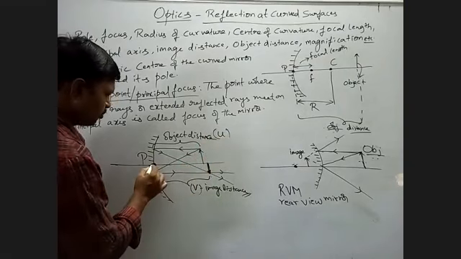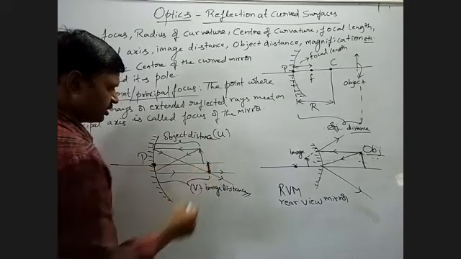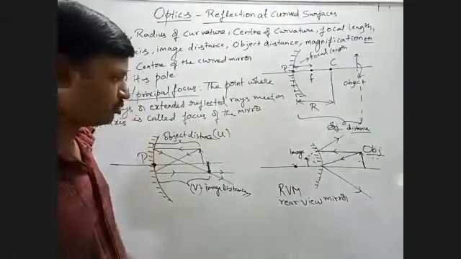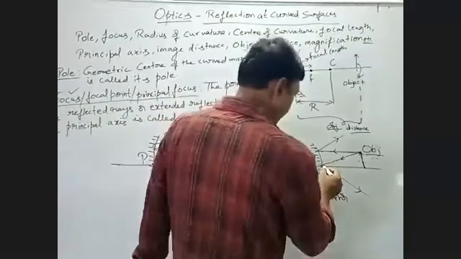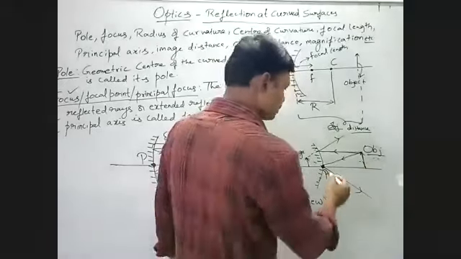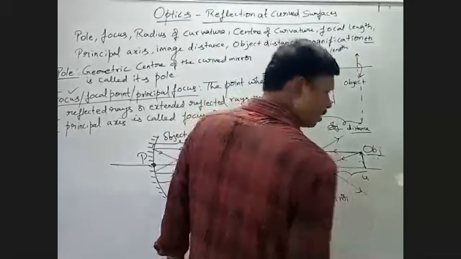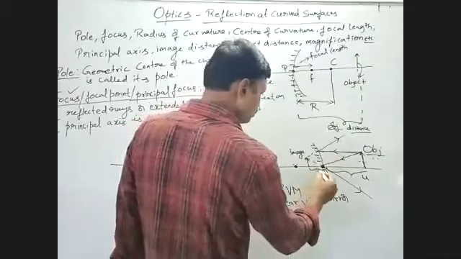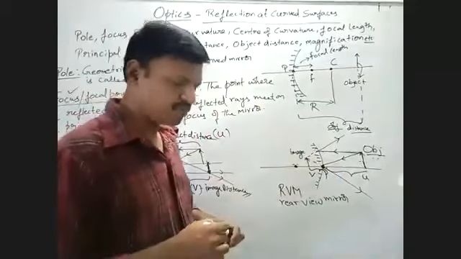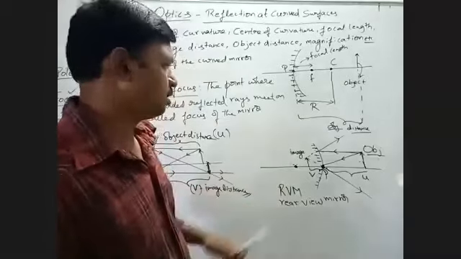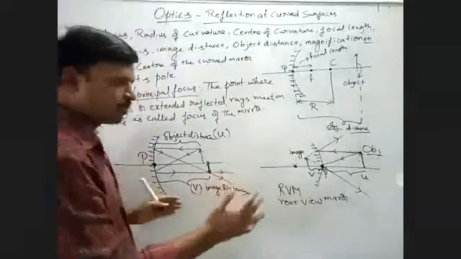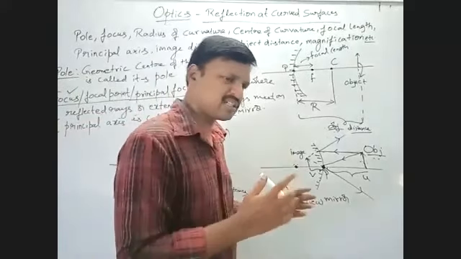From pole to image is the image distance for the concave mirror. Here, from pole to object is the object distance, and from pole to image is the image distance for convex mirrors. So you got the idea of object distance and image distance.